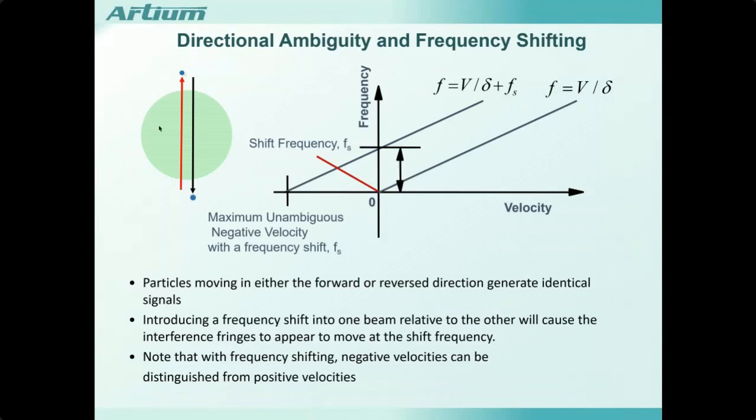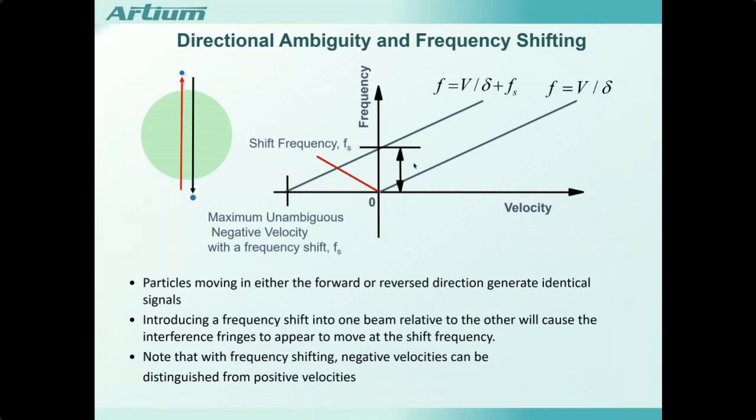The problem is that if the fringes are stationary and the particle passes through it, a particle going in the downward direction will have the same signal as the particle going in the upward direction. So that leads to an ambiguity.